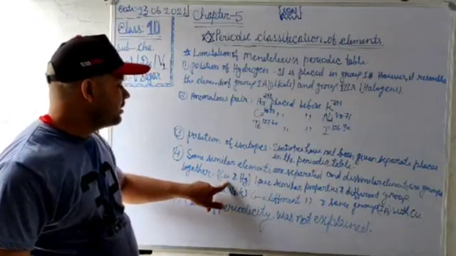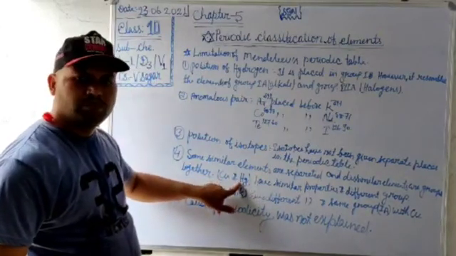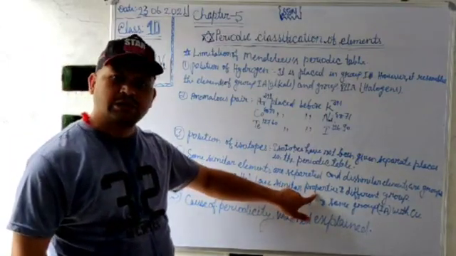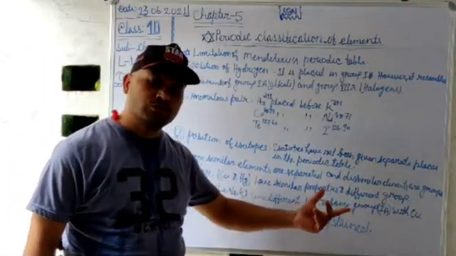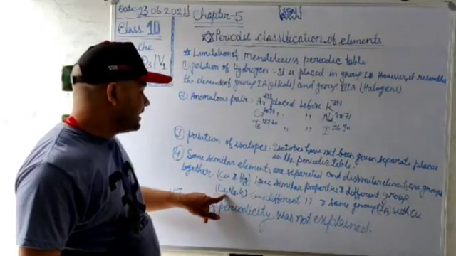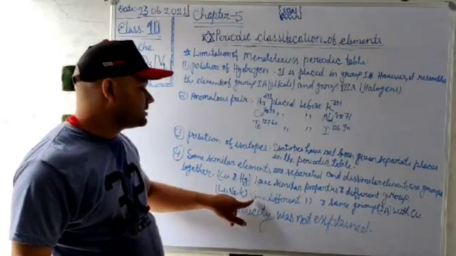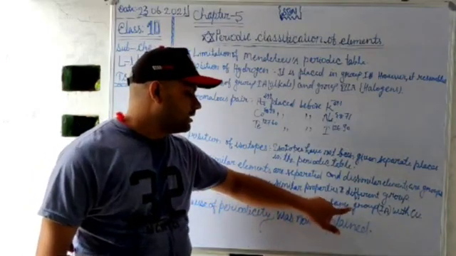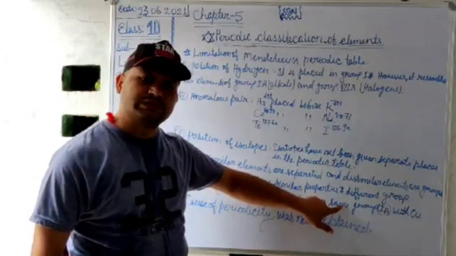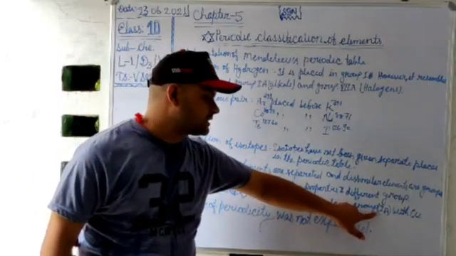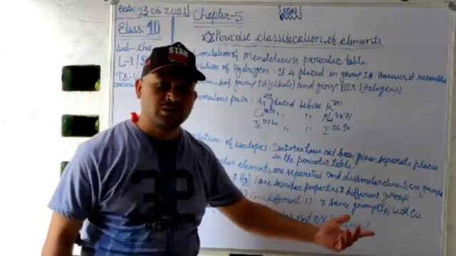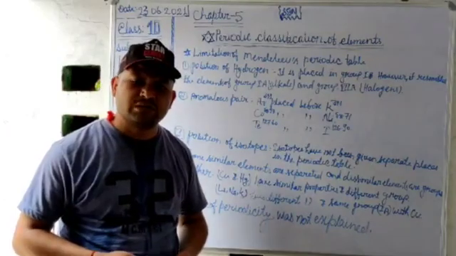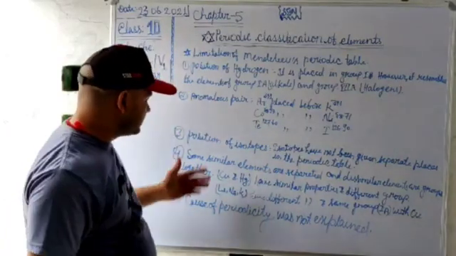For example, copper and mercury have similar properties but are in different groups, and lithium, sodium and potassium have different properties, but they are in the same group as copper. So these are the drawbacks of Mendeleev's periodic table. You should remember all these things.